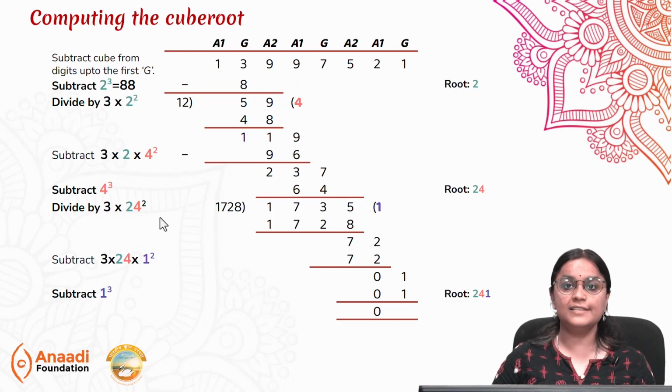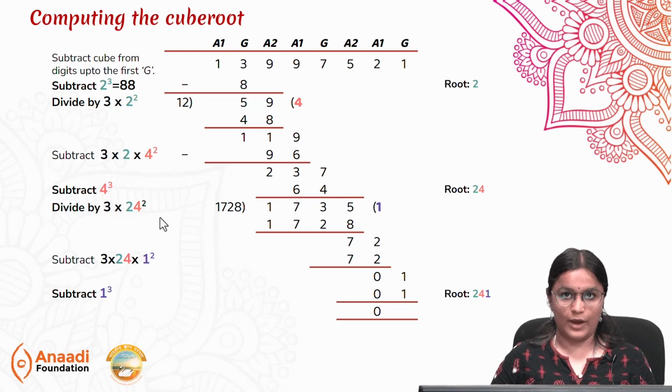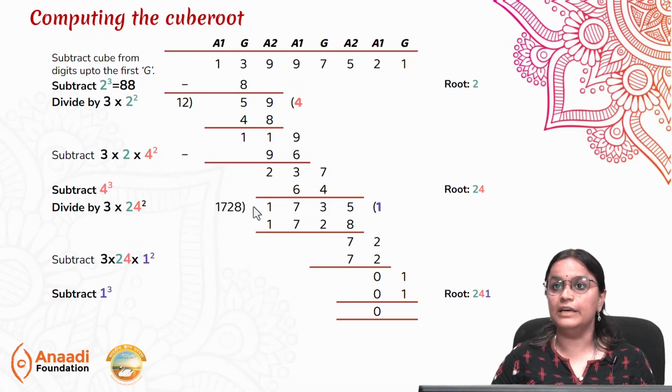This is where us learning to compute squares comes in handy, as you will see. So, once we compute 3 into 24 square, which is 1728, we perform the division. Our quotient will be 1 and we will subtract 1728 from 1735, giving us 7 as the remainder.